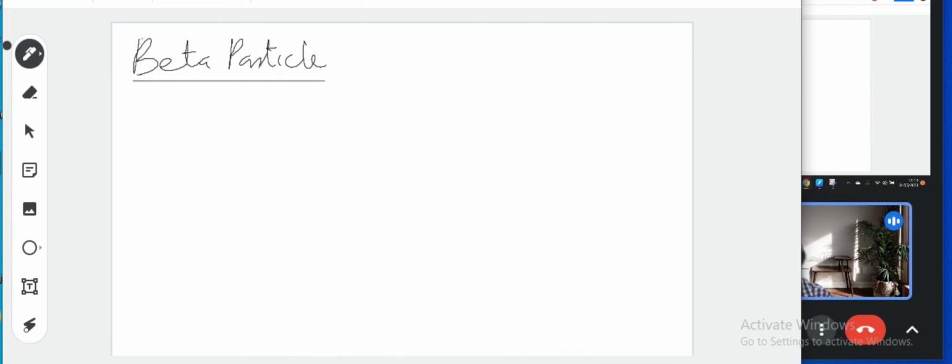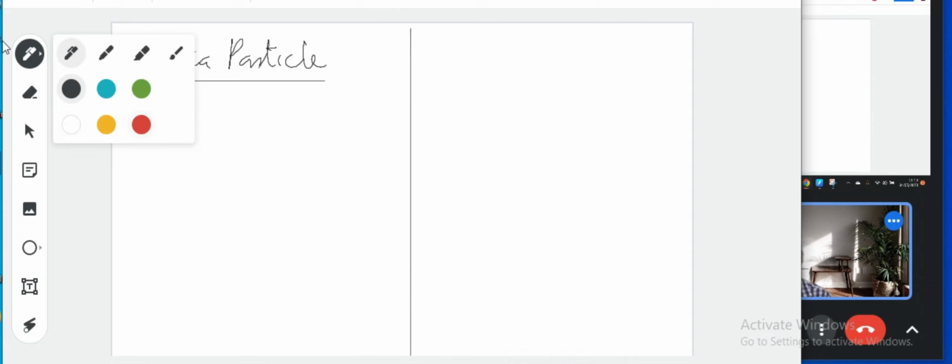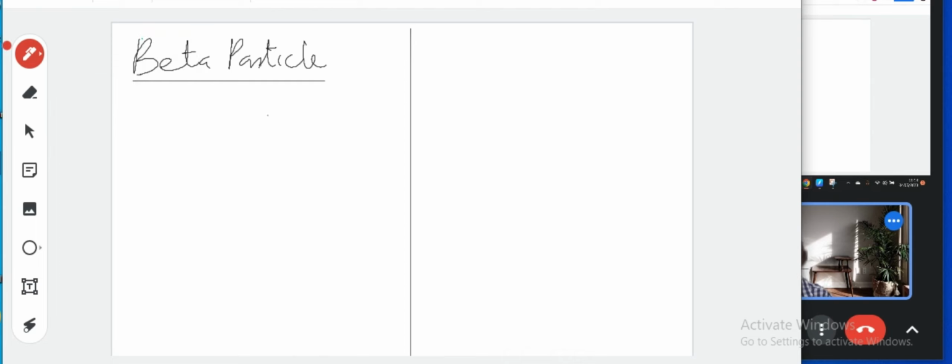There are actually 2 types of beta particles. There's one we call beta plus and beta minus. The most common one is the beta minus. So let's talk about the beta minus first, because this is what you need to be able to answer that question.